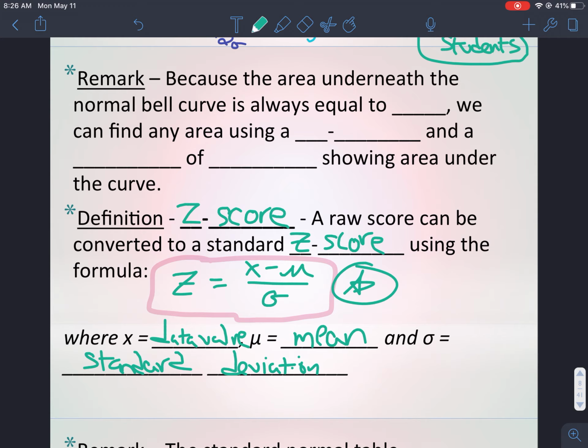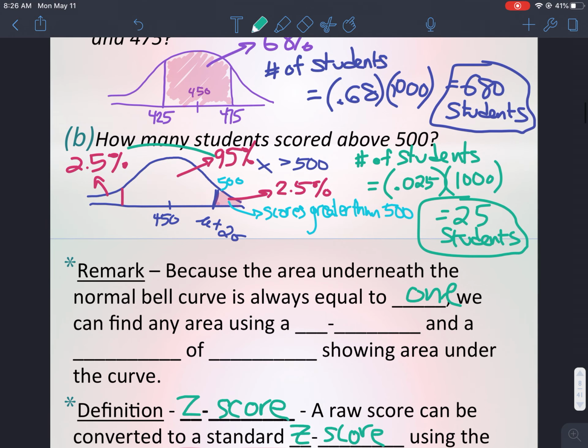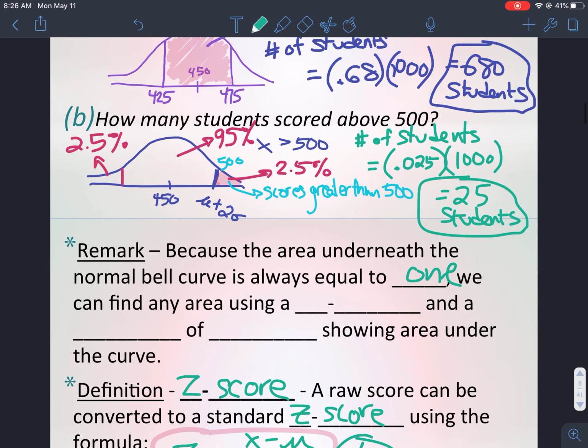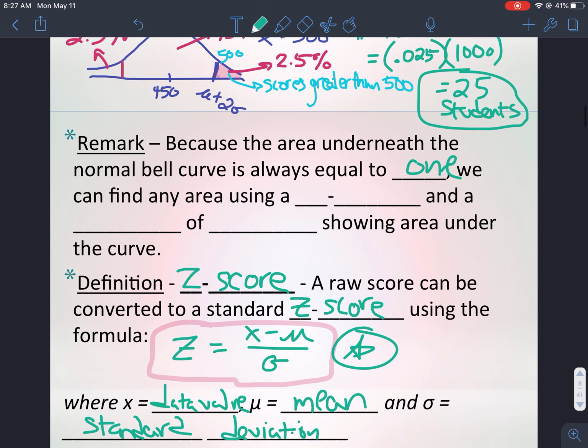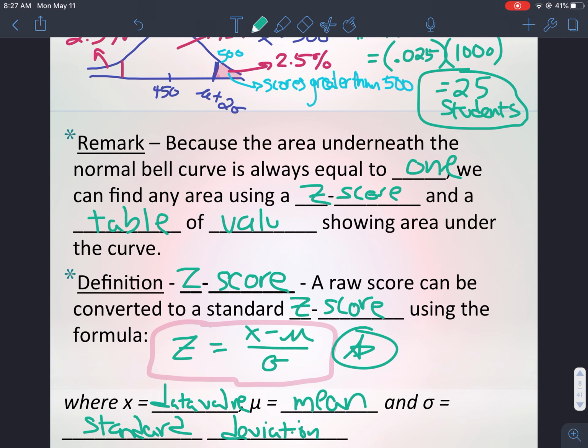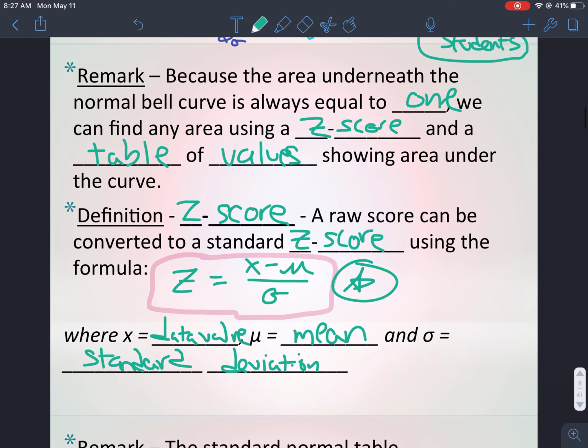Now, the remark, because the area underneath the normal bell curve is always equal to 1, okay, think about that for a second. The area underneath the bell curve should always be 100%, so that number as a decimal would be 1 when we talk about probabilities, okay? We can find any area using a z-score and a table of standard z values, which shows the area under the curve.